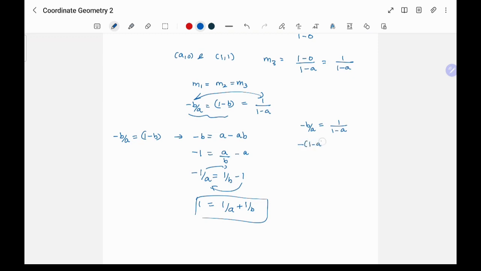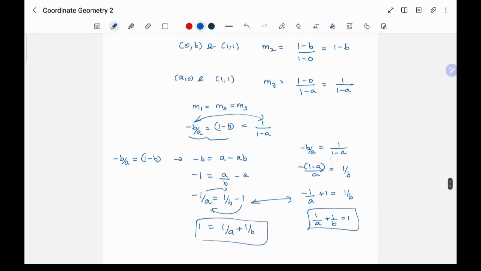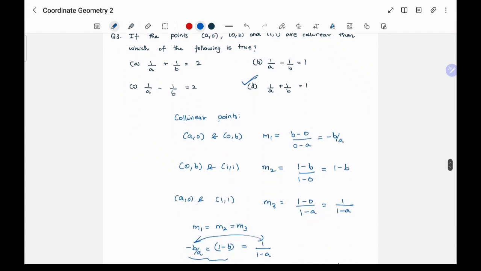So minus of 1 minus a by a is equal to 1 by b. So you can split this. Minus 1 by a plus 1 is equal to 1 by b. So it is just the same equation. You will get the same result. So whichever equation you take, you will get the same result. So the answer is 1 by a plus 1 by b equal to 1.